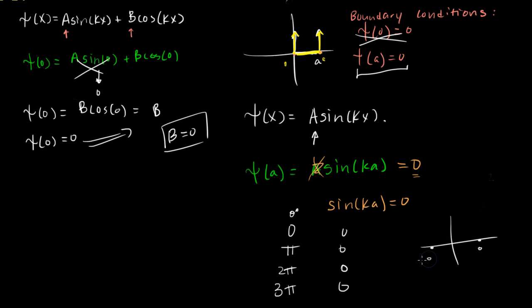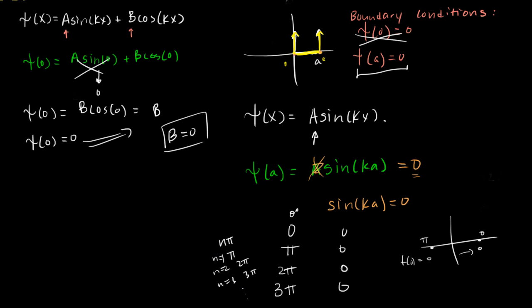So this is 0, pi, and then any multiples of pi. So we have n pi multiples. If n equals 1, then we just get pi. If n equals 2, we get 2 pi. If n equals 3, we get 3 pi, and so on and so forth.